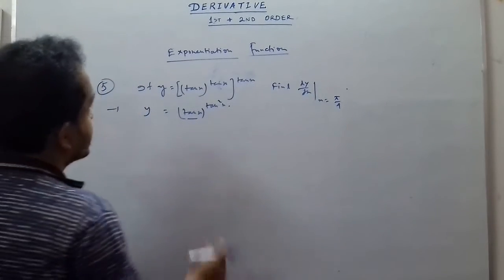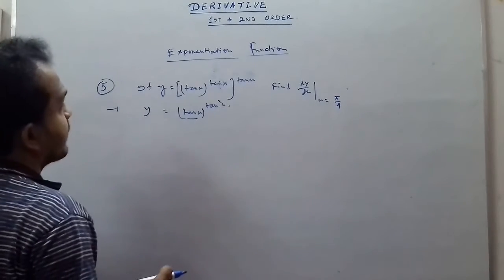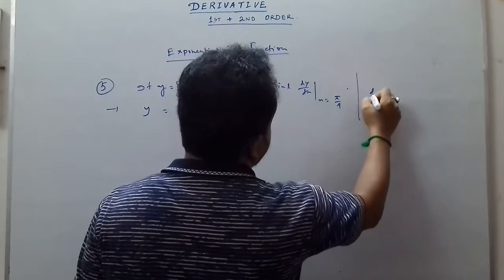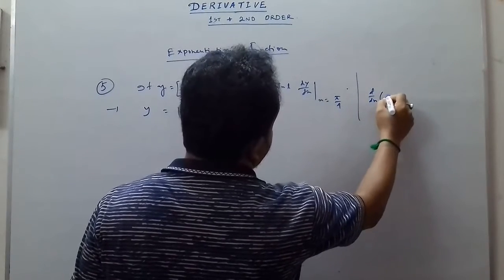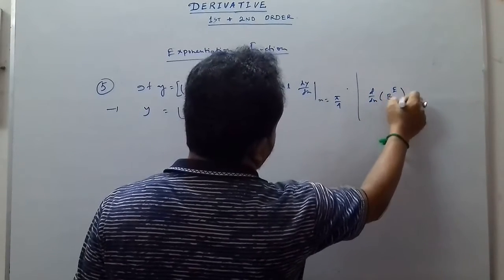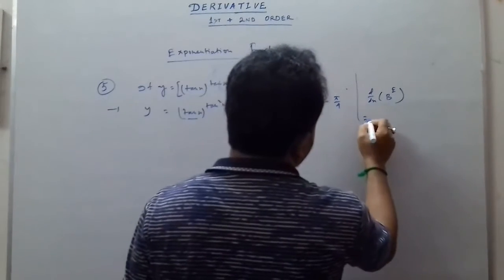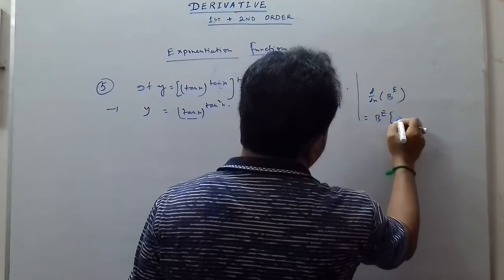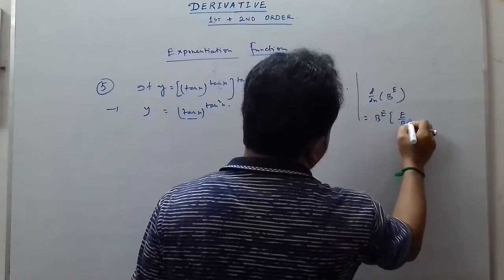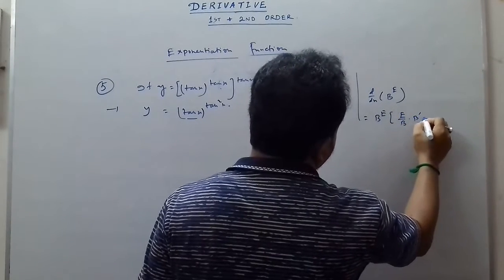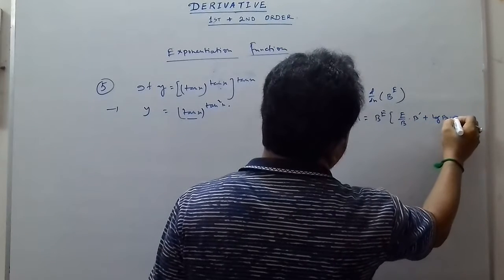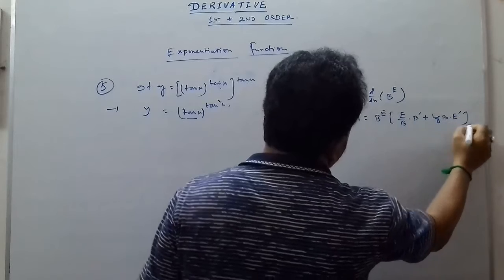So we have the law of exponentiation function of derivative. We know that d/dx of b power e, base power exponent, is equal to base power exponent into exponent by base into derivative of base plus logarithm of base into derivative of exponent.